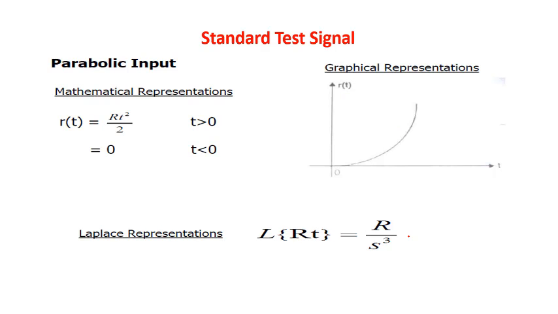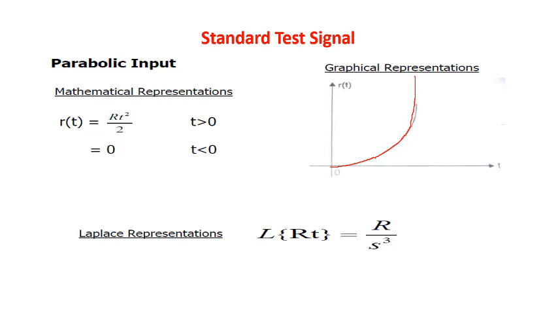Next, we are going to learn about the parabolic type of input. Here we can see that as time changes, the output or response is also going to change, and it is increasing rapidly.